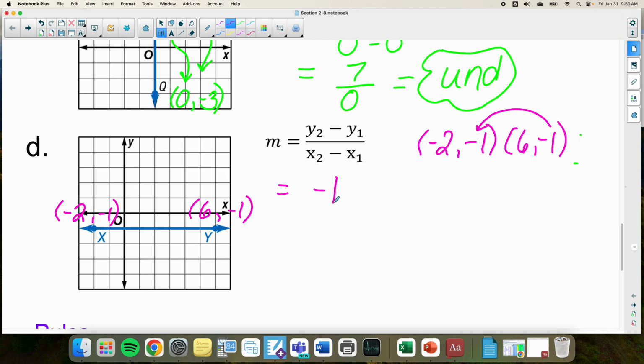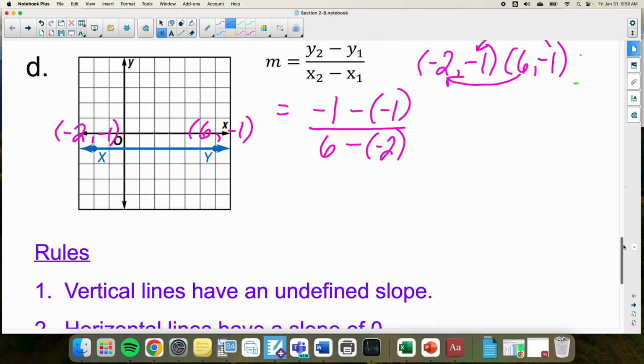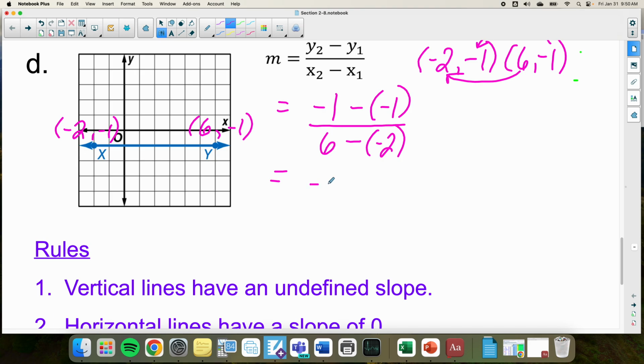So I do -1 subtract a -1, and then on the bottom, I do 6 minus a -2, okay? When I simplify the top, -1 plus 1 is 0. 2 negatives in a row become plus, so that's 8. 6 plus 2 is 8. And do you remember, if 0's on the top, what is it? Then it's 0. When 0's on the bottom, that's when it's undefined.